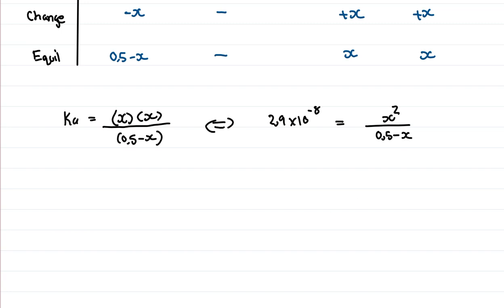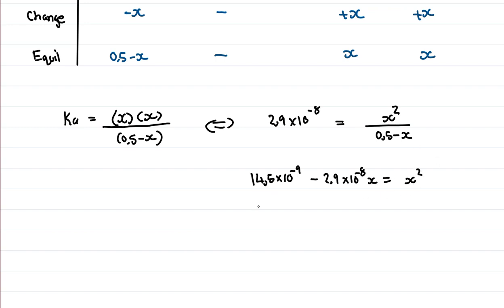So what we can do from here is to multiply both sides by 0.5 minus x, and we get something like this: 14.5 times 10 to the power of negative 9 minus 2.9 times 10 to the power of negative 8 x is equal to x squared.